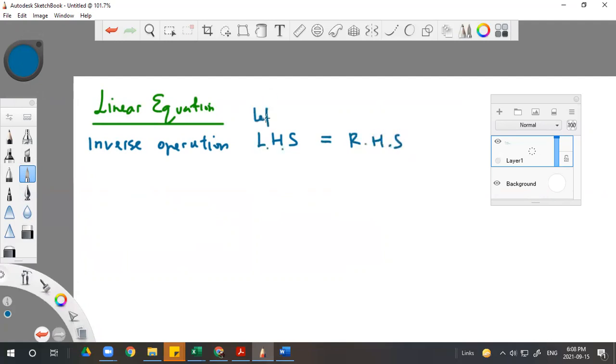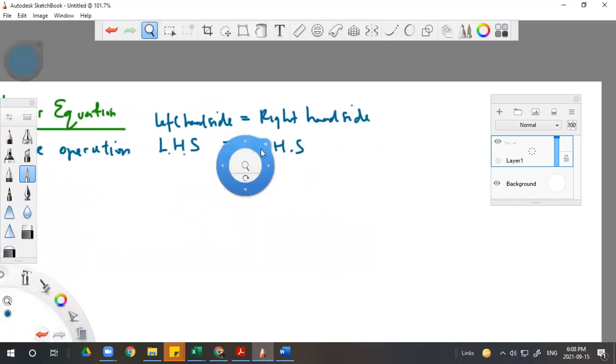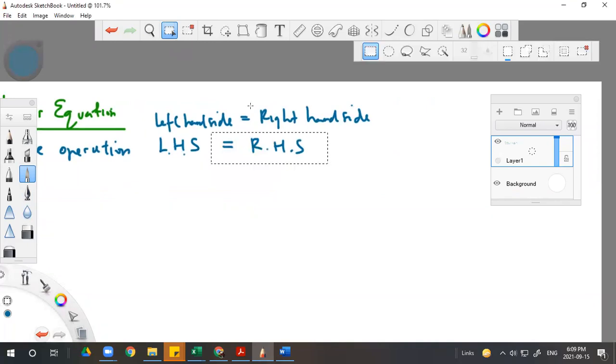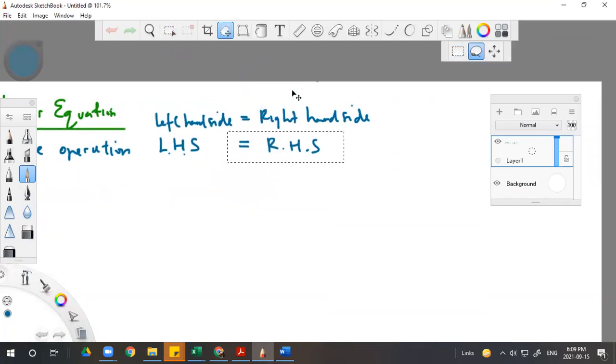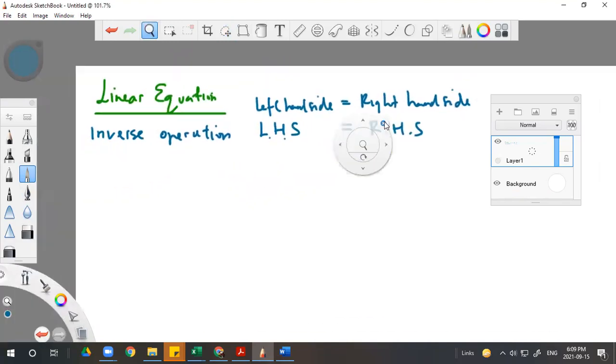So this is the left-hand side. This equals the right-hand side. Okay, sorry for the bad handwriting, but I think you can see this clearly. From the left-hand side to the right-hand side, you have to do the inverse operation. I will give you an example here.